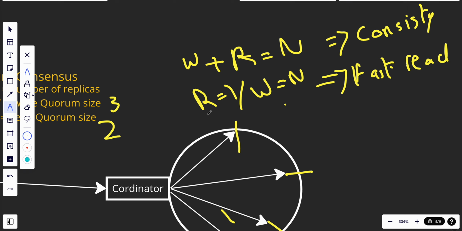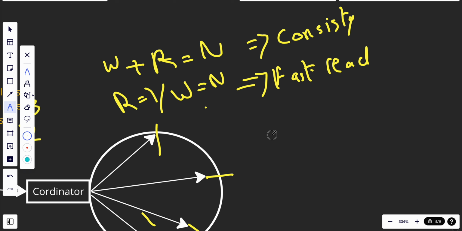If W equals 1 and R equals N, this is for fast writes. If W plus R is less than or equal to N, strong consistency is not guaranteed, but we have pretty low latency. So this is it.